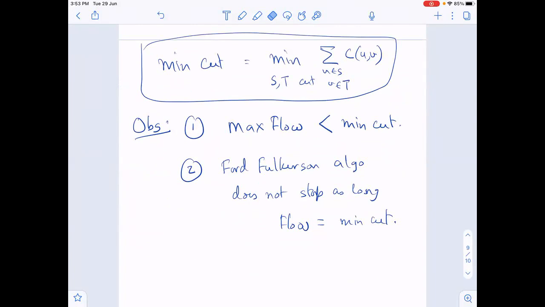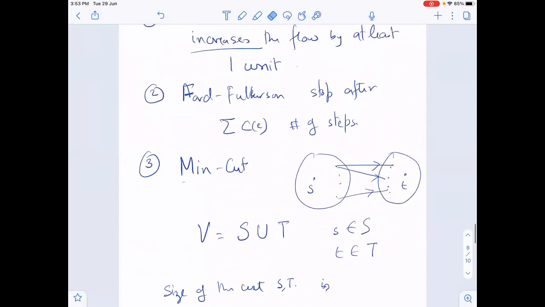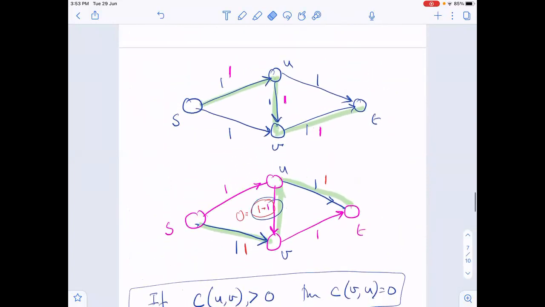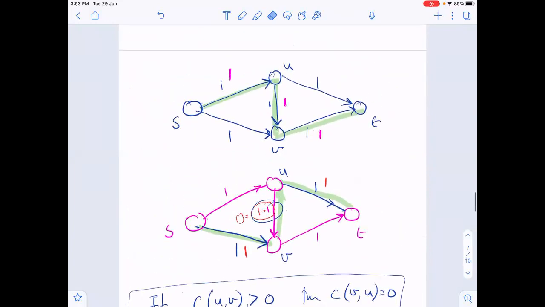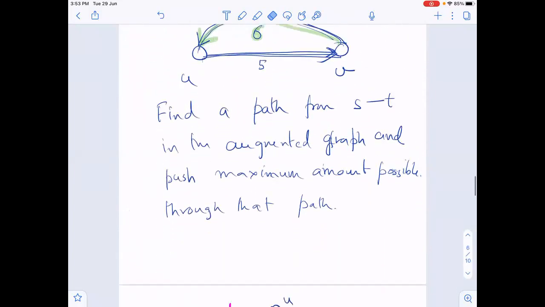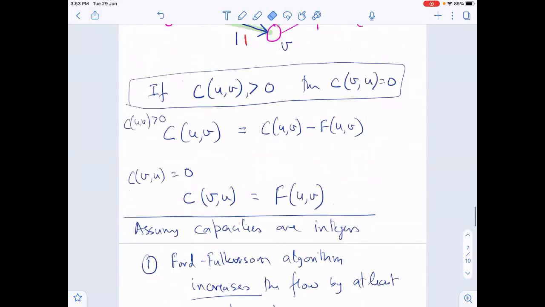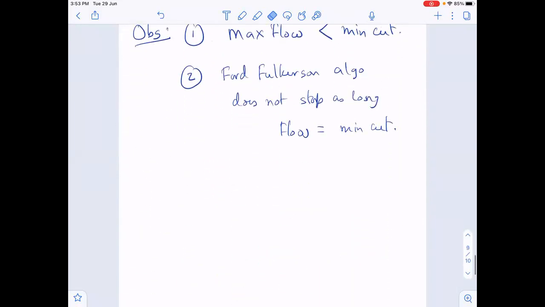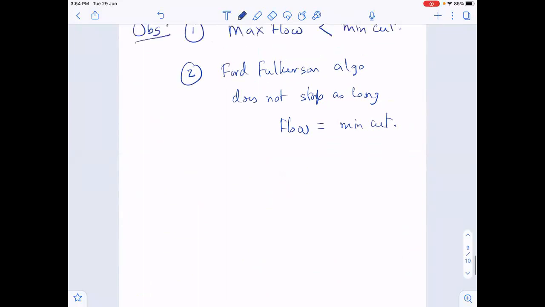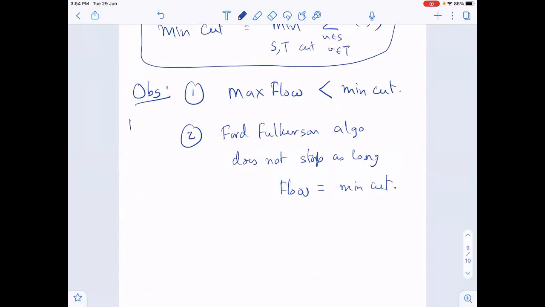So this algorithm that I just described, though I have not given you the full proof of it, will not only find the max flow, but since it updates the flow every time by an integer amount, it will output a max flow which is integer.